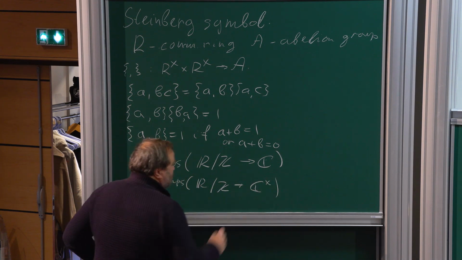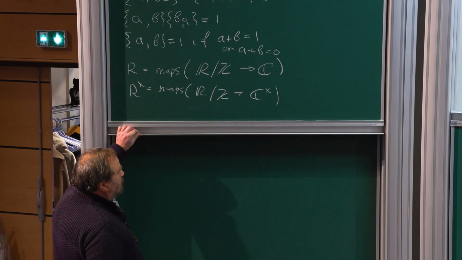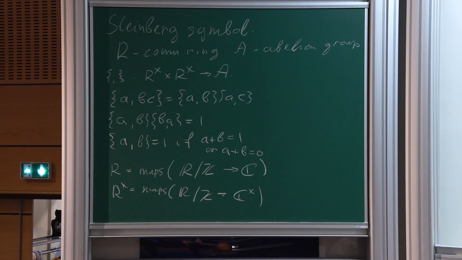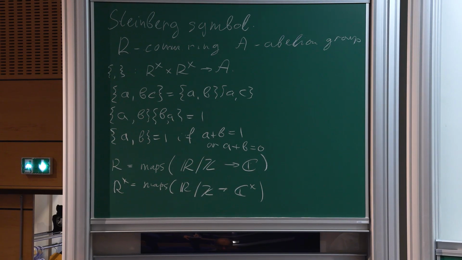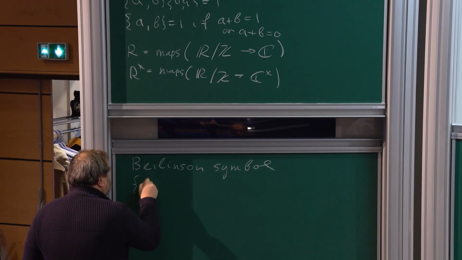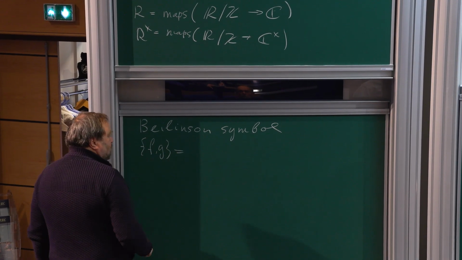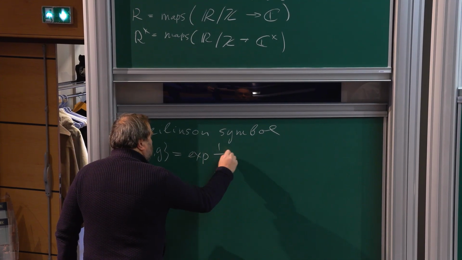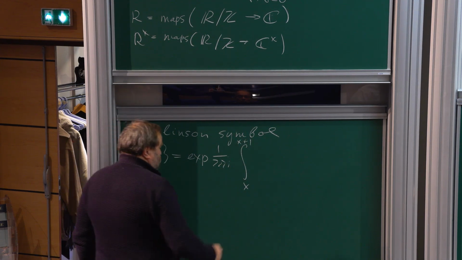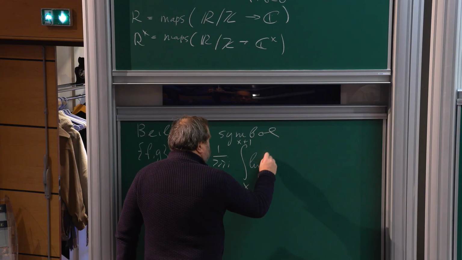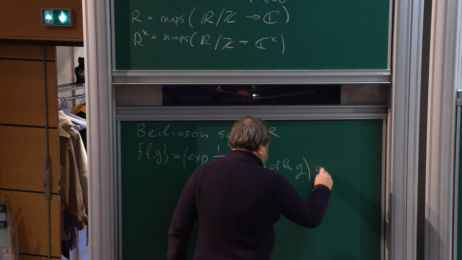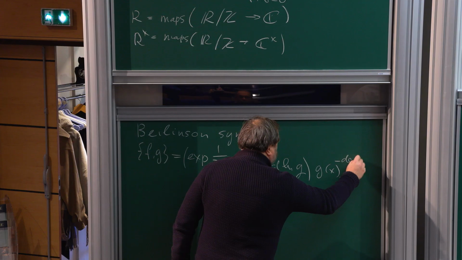And there is the Beilinson formula, which gives the symbol of two functions f and g: the symbol is equal to the exponent of 1 over 2 pi i, the integral from x to x plus 1 of log f d log g, times g of x to the power minus degree of f.